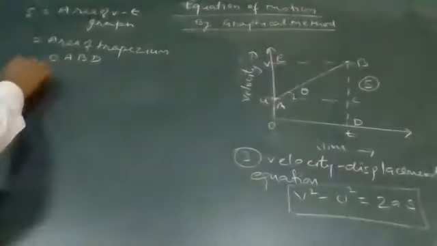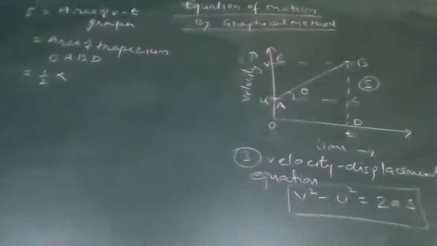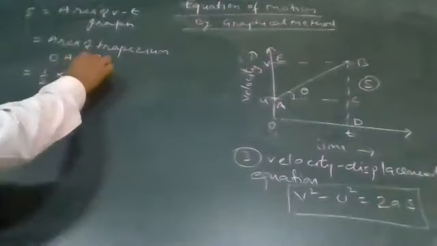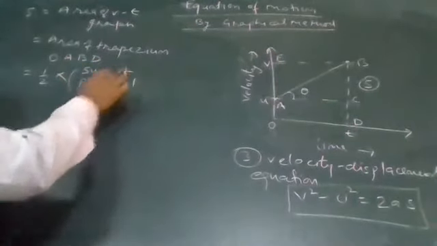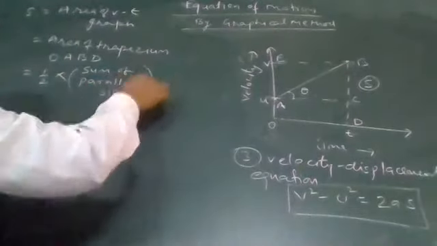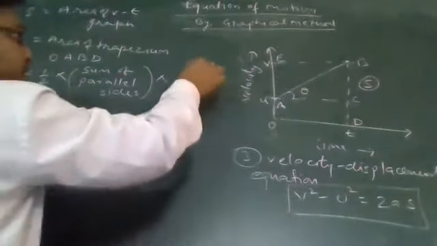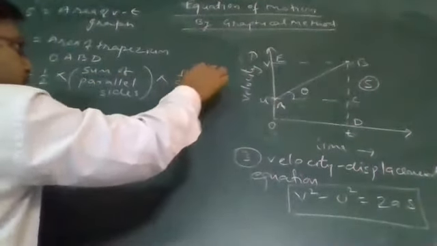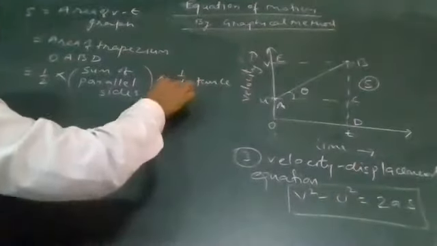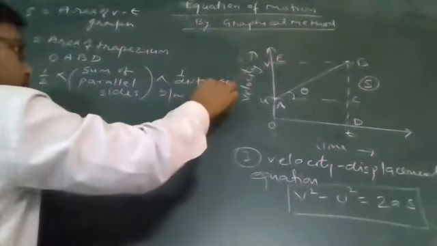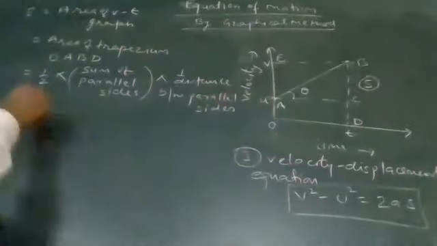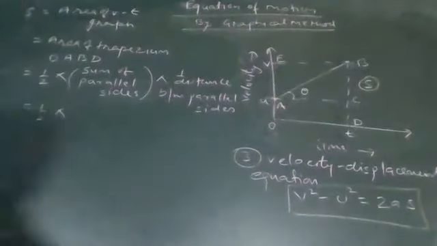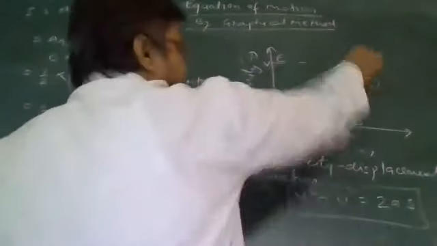How will I calculate its area? The area of a trapezium is half into the sum of parallel sides multiplied by the perpendicular distance between the parallel sides. Now, which are the parallel sides here? The parallel sides are OA and BD.